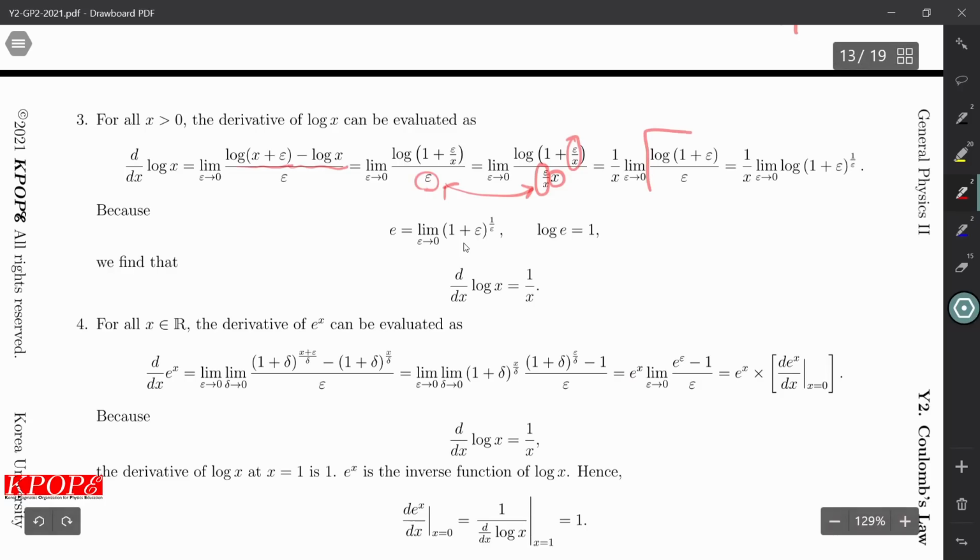Then we need to find the limit of this, except that this x is factored out in front.